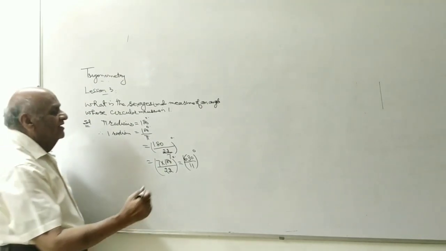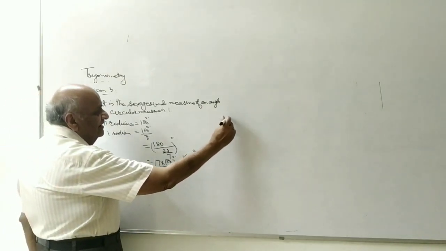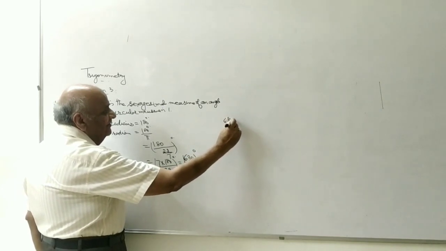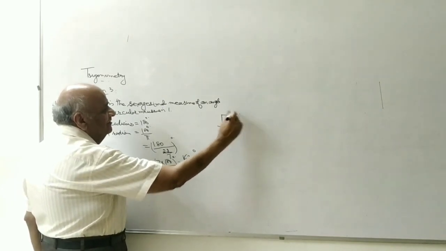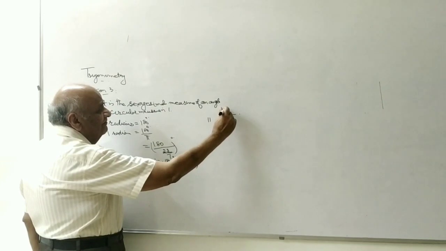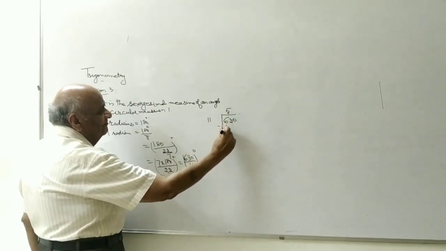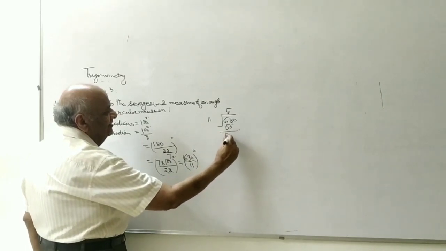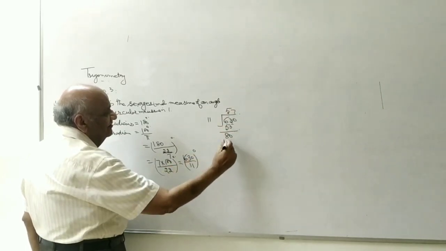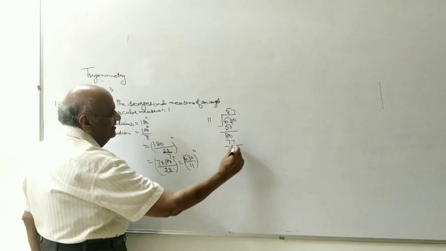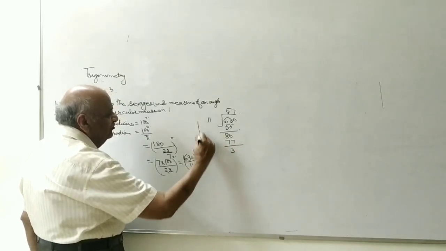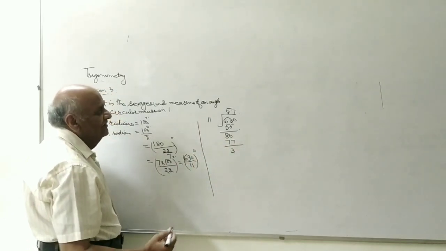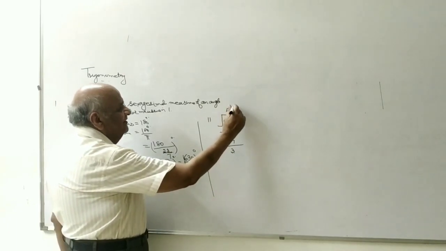Let us now find out the complete degrees on one side. 630 divided by 11: 11 fives are 55, 80, 11 sevens are 77. The remainder is 3. This you can do on the right hand side of the sheet. 57 degrees complete.